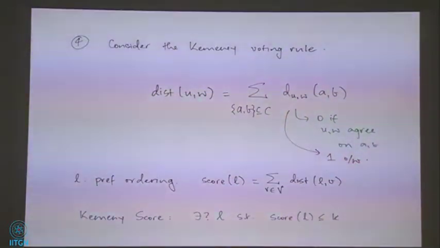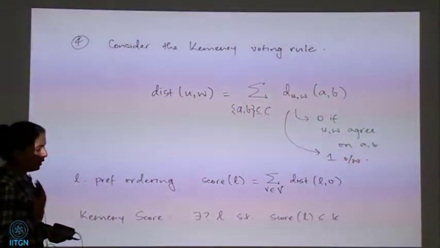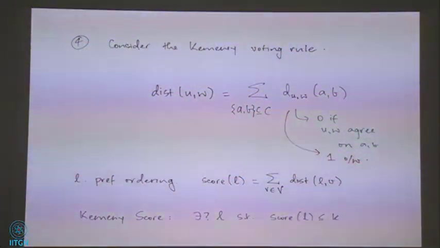So if you want the committee that minimizes the sum of the Hamming distances to each of the voters, then how do you do that? So you want, instead of minimizing the maximum Hamming distance, I want to minimize the sum of the Hamming distances.